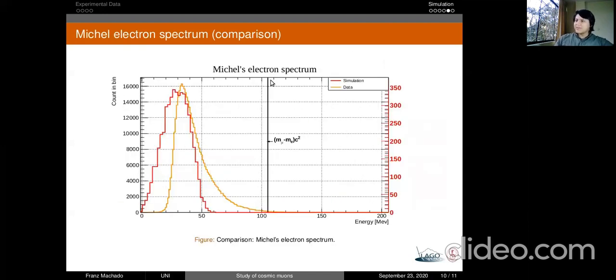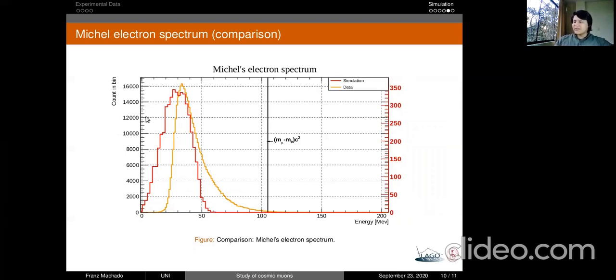In the next slide, we can compare the Michel electron spectrum. The red histogram is a Michel electron spectrum using an energy distribution that was studied by Michel, while the orange histogram is the Michel electron spectrum using real data.